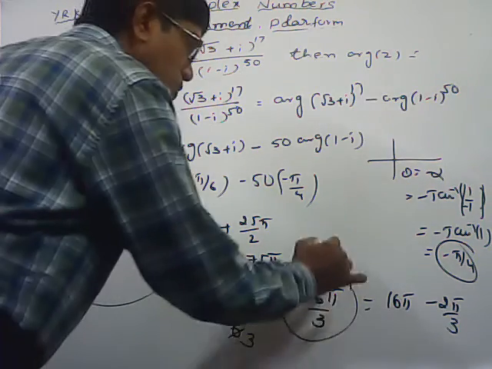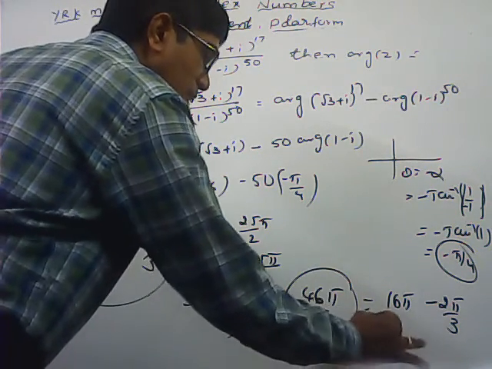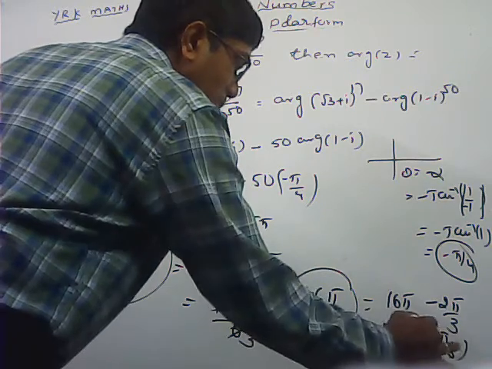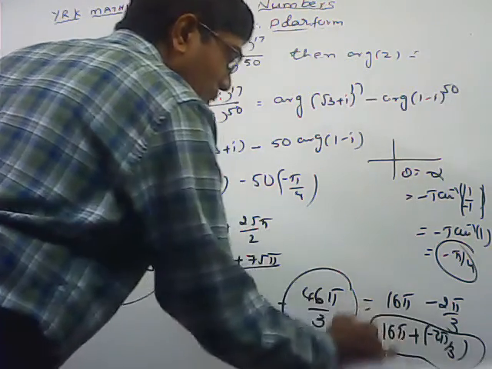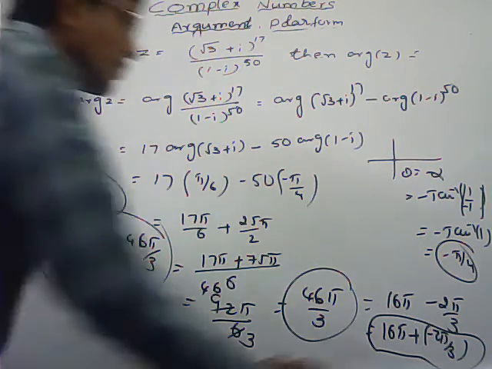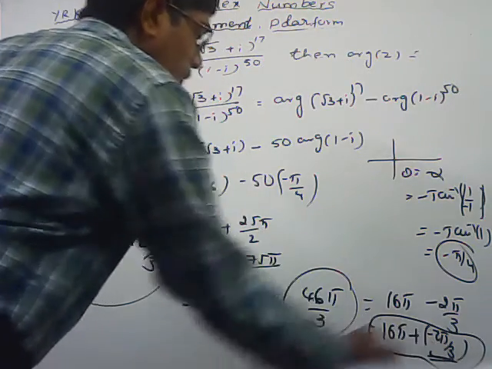So that is 16 pi plus minus 2 pi by 3. In the form 2n pi plus alpha, alpha is equal to minus 2 pi by 3. Here minus 2 pi by 3 belongs to minus pi to pi, so this is the principal value of the argument of the complex number.